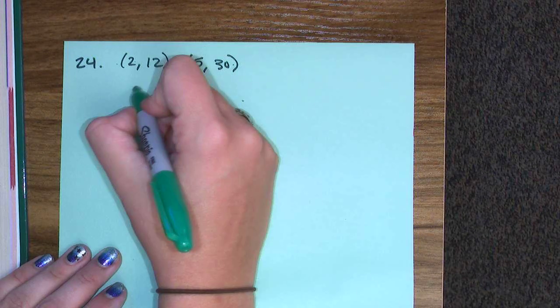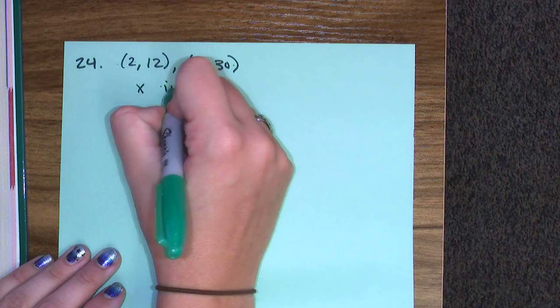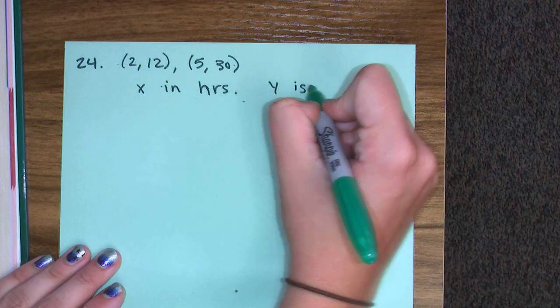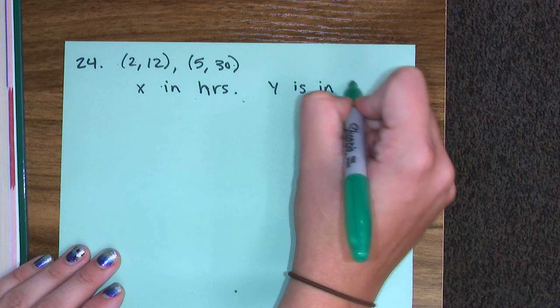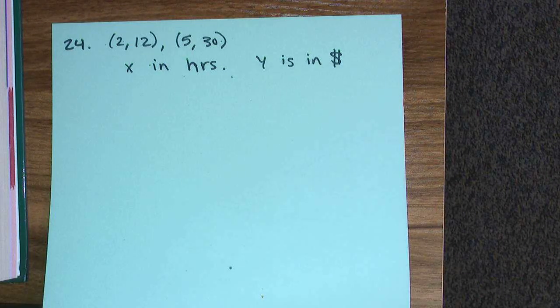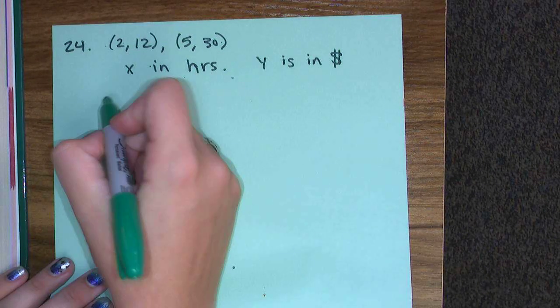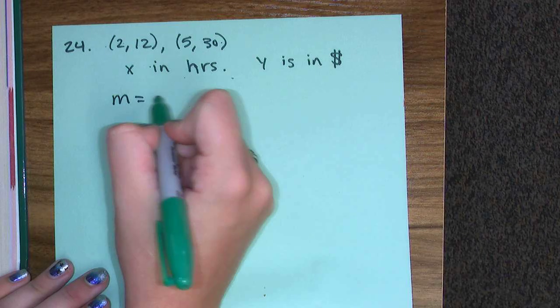And then it says that x is in hours, y is in dollars. So we're going to find the slope, and then we're just going to use dollars over hours, because it's y over x for the units. So what is my slope here?